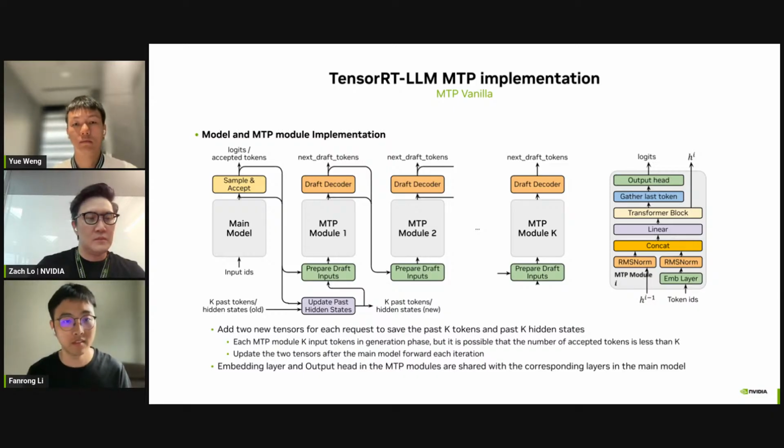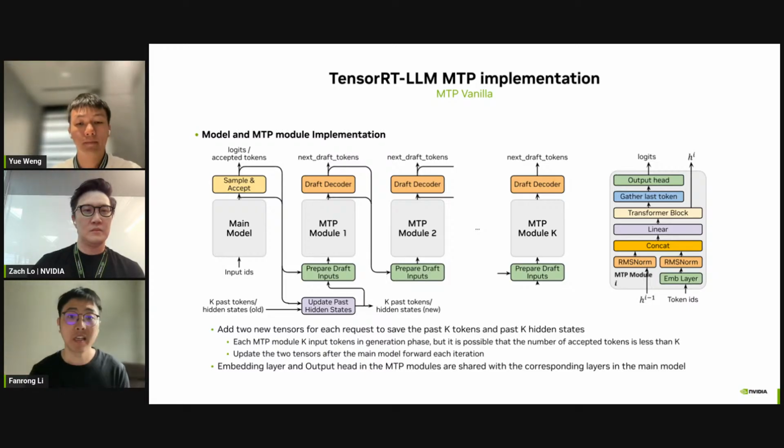Then we update the past tokens and past hidden states, use them to prepare the draft inputs, and then predict different draft tokens. And the right figure is the MTP module design.